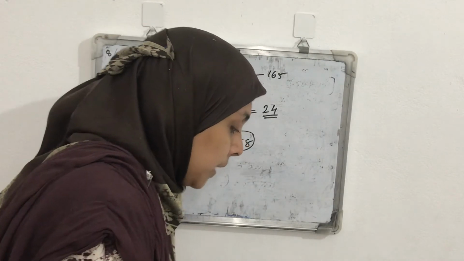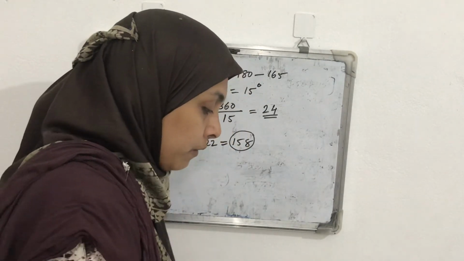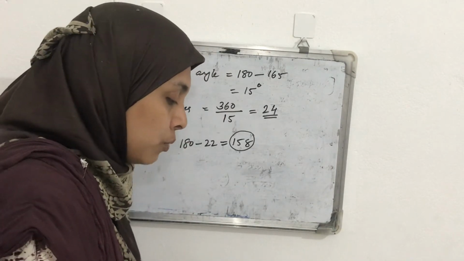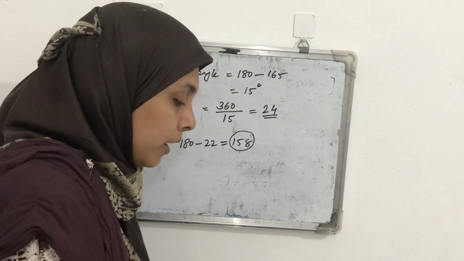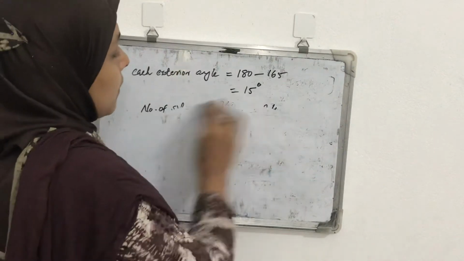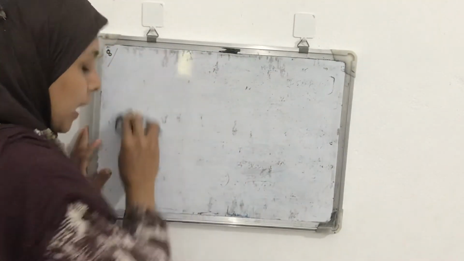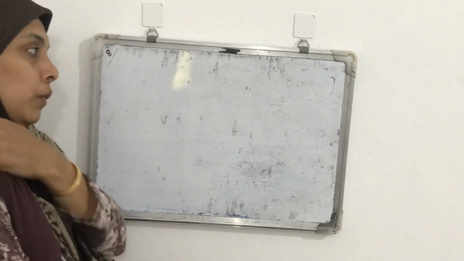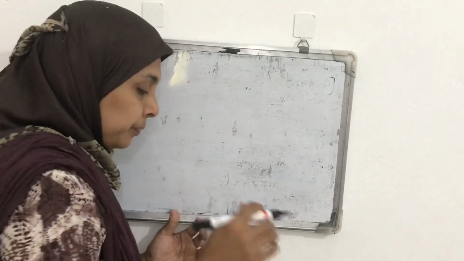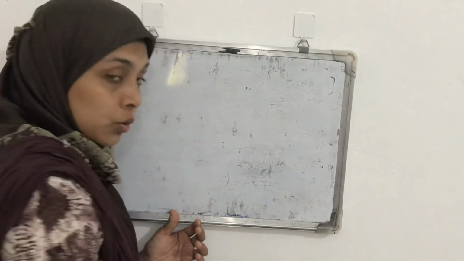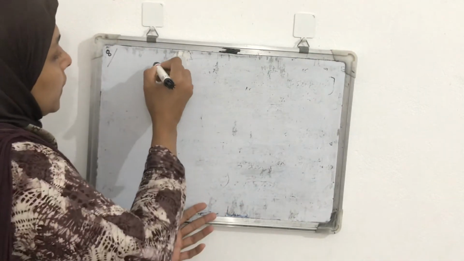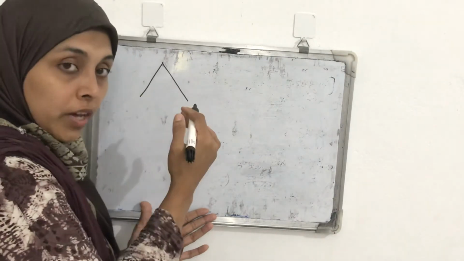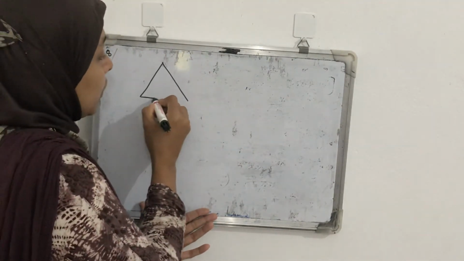What is the minimum interior angle possible for a regular polygon? Why? What will be the minimum interior angle? Okay, minimum interior angle possible. It should be a regular polygon. So if it is a triangle, a regular polygon, we take an equilateral triangle.